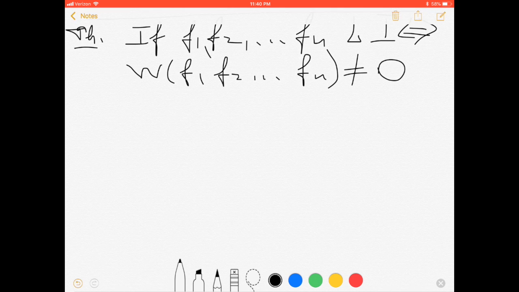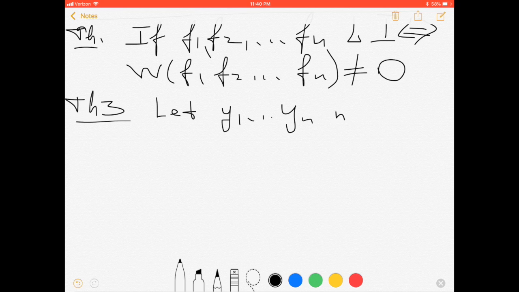And here we use all this fact. We have the next theorem. It tells us: let y1, ..., yn be linearly independent solutions of our homogeneous equation 2.